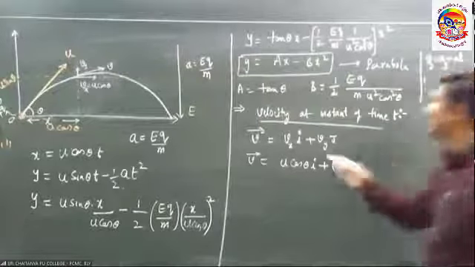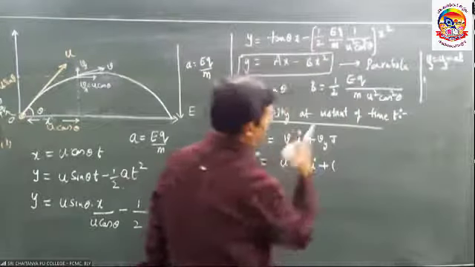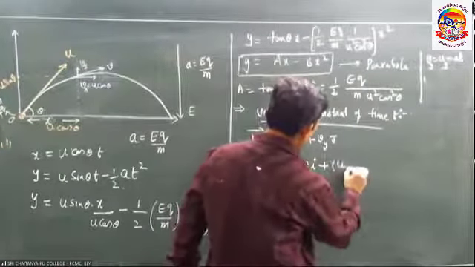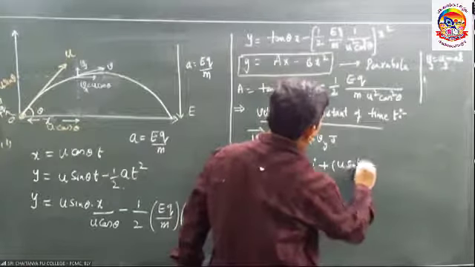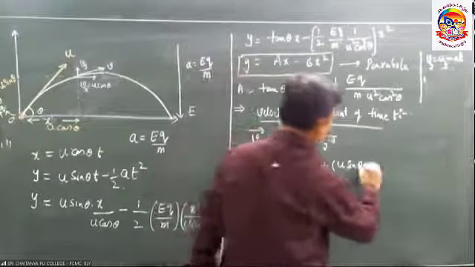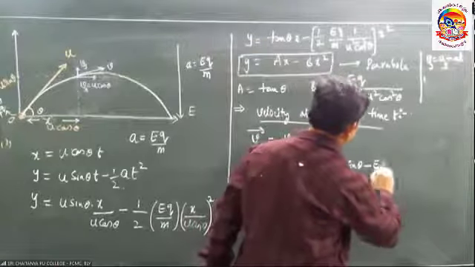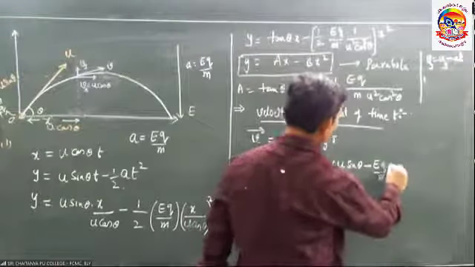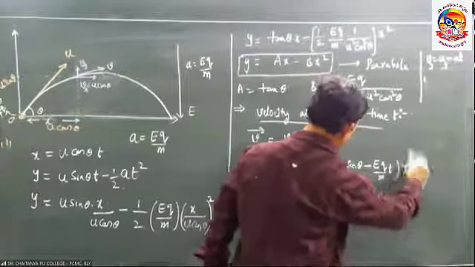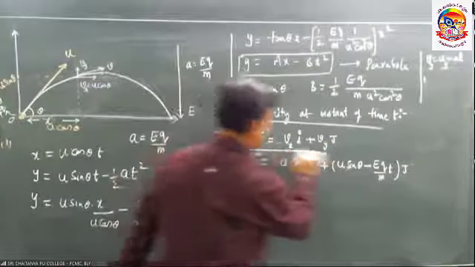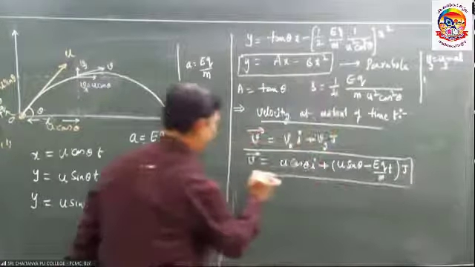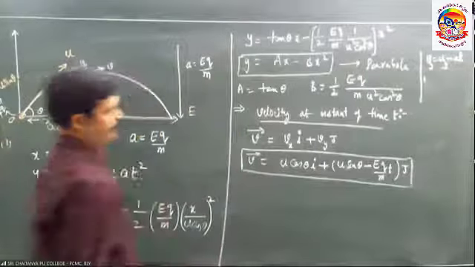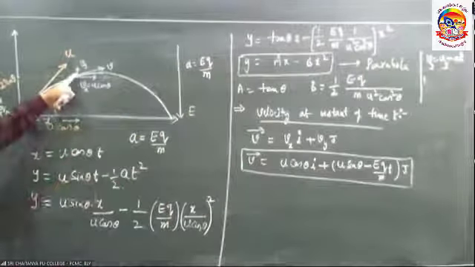I substitute it here: u sin theta minus eq by m into t, j. This is the final velocity vector at this point.